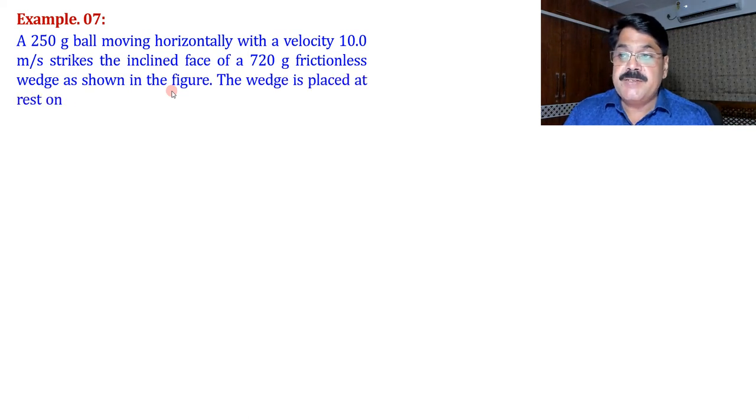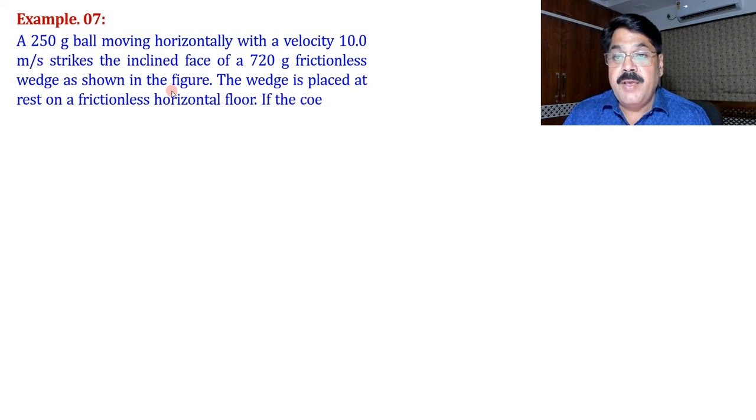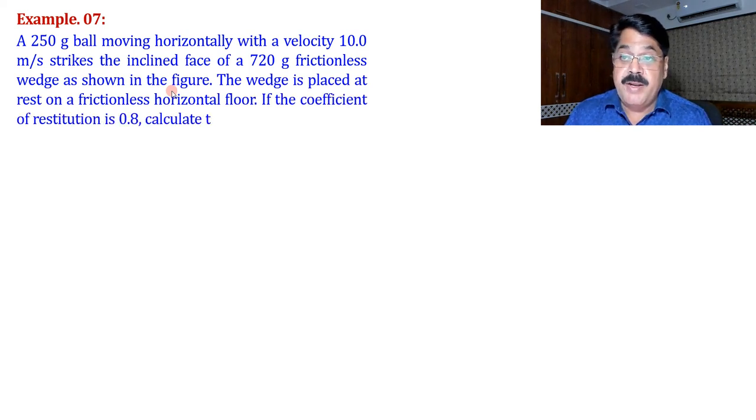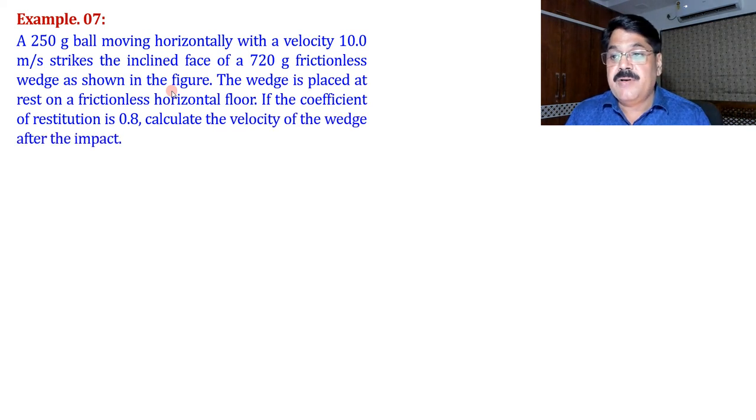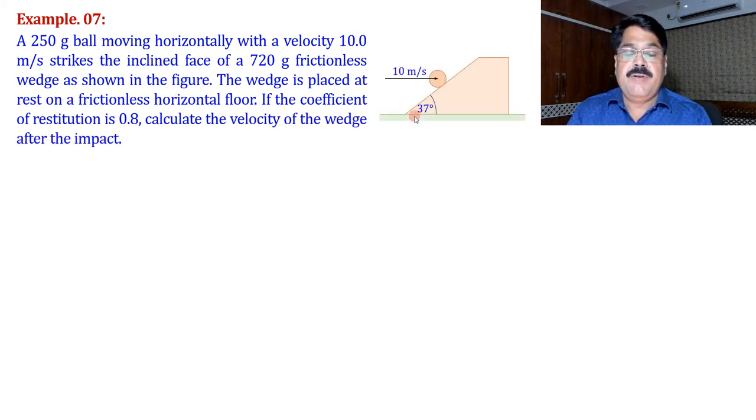The wedge is placed at rest on a frictionless horizontal floor. If the coefficient of restitution is 0.8, calculate the velocity of the wedge after the impact. The situation was given. In the theory developed here, for simplicity, the velocity of the wedge was assumed 0, and the angle is 37 degrees just to make calculation similar.